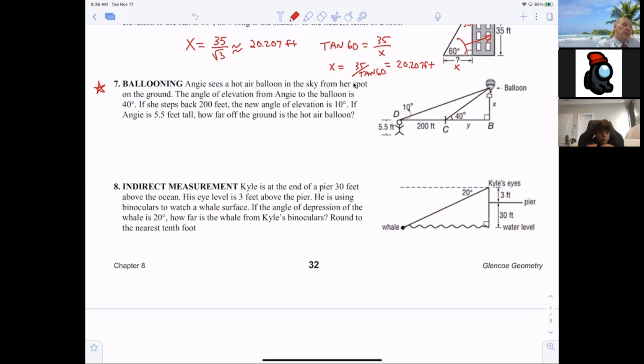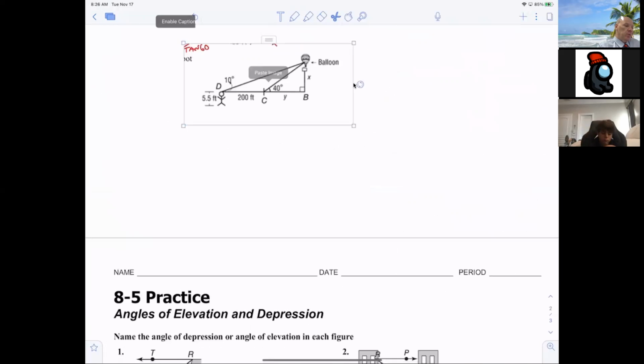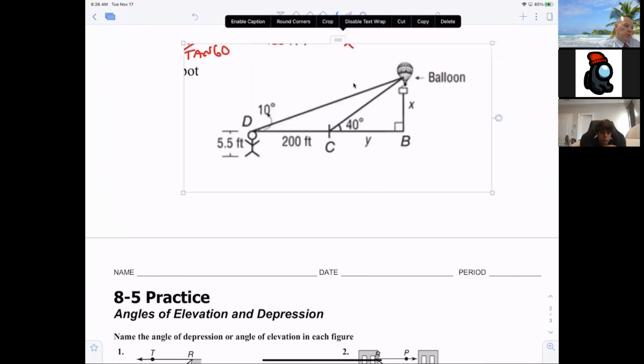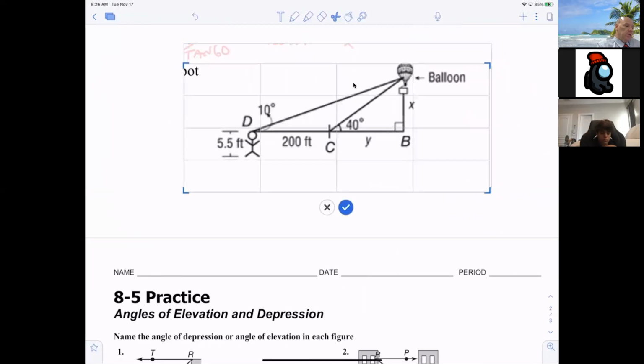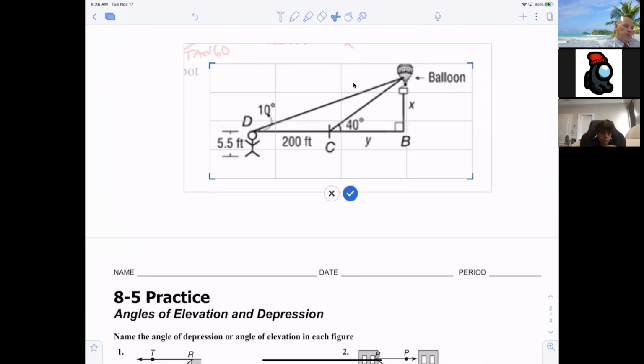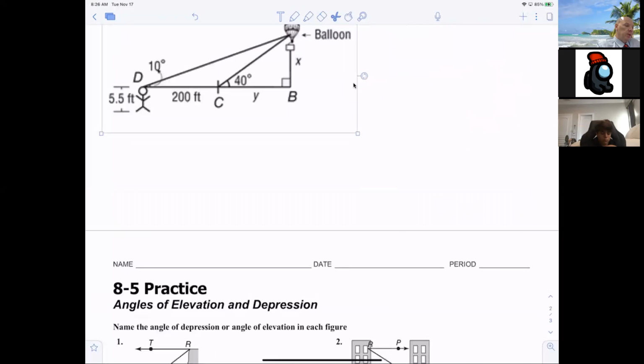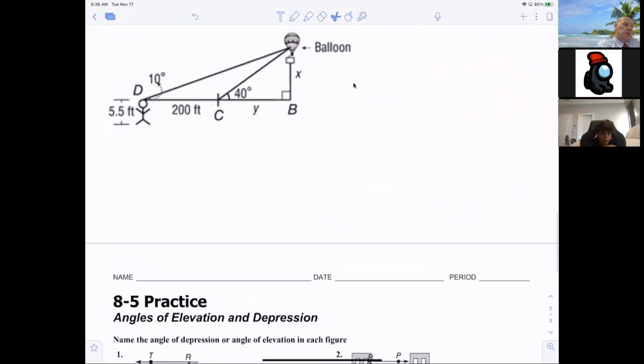All right, so the nice thing about it is I'm going to grab this, and then we're going to come down here because I want more room. In this particular problem, I'm trying to figure out x, correct?